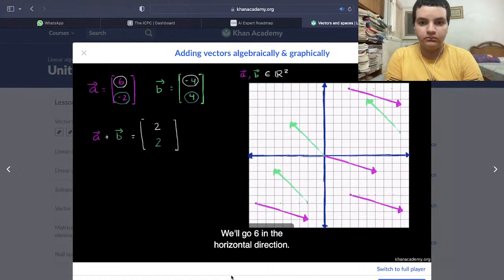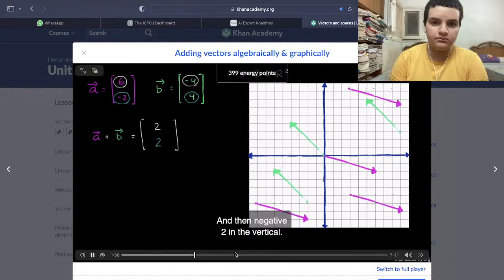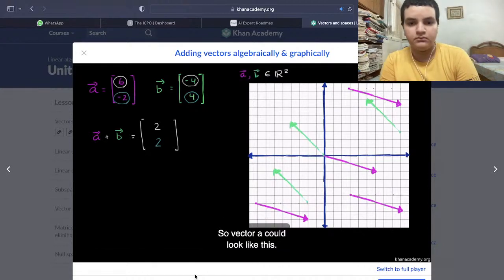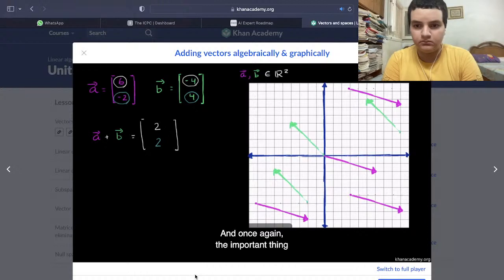We'll go 6 in the horizontal direction, 1, 2, 3, 4, 5, 6, and then negative 2 in the vertical. So vector A could look like this. Vector A looks like that. And once again, the important thing is the magnitude and the direction.